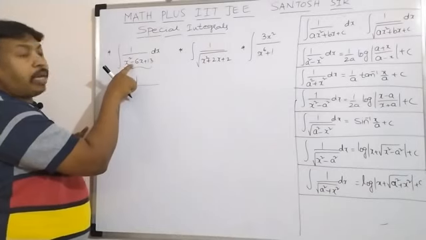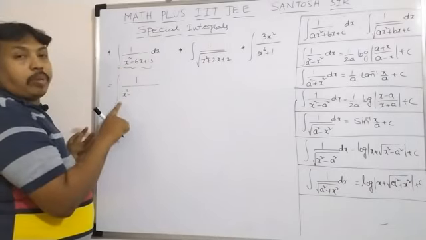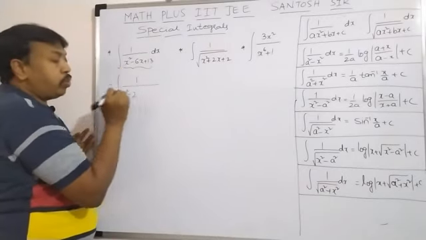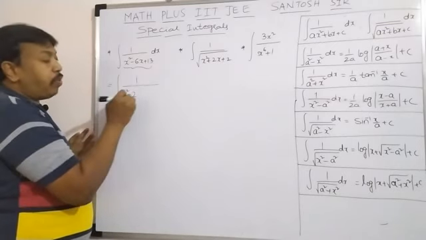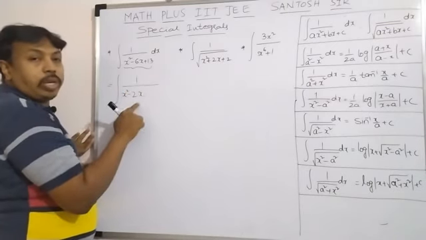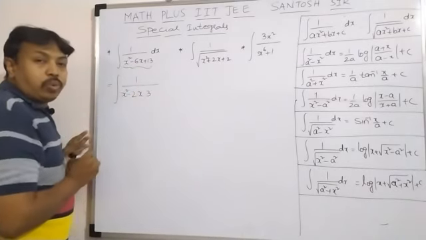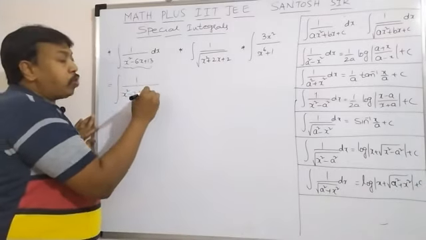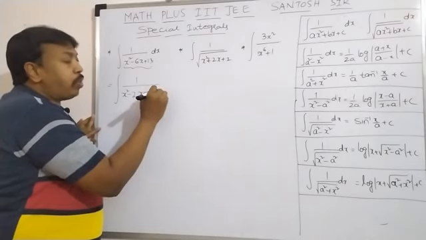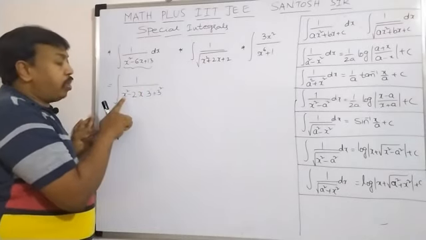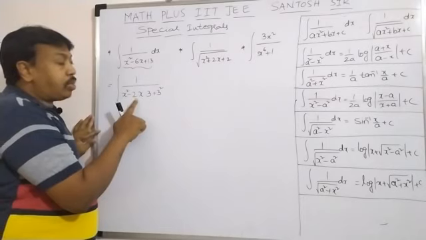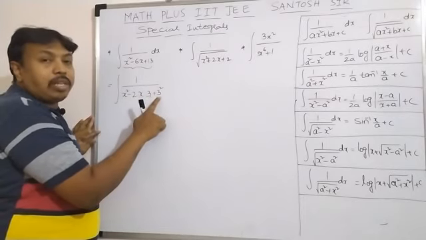Here minus sign is given, so a square minus 2ab, that is 2 into, in place of a we have x, into... we have 2x. To get 6x we need to multiply by 3. So here we get the value of b, so plus b square. So x square minus 2x into 3 plus 3 square.